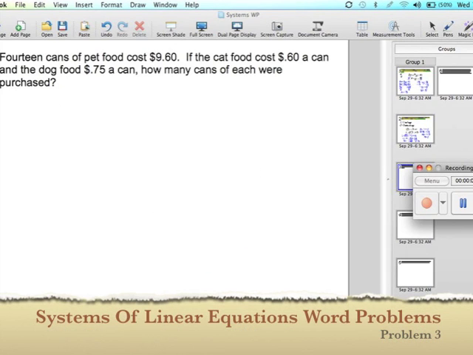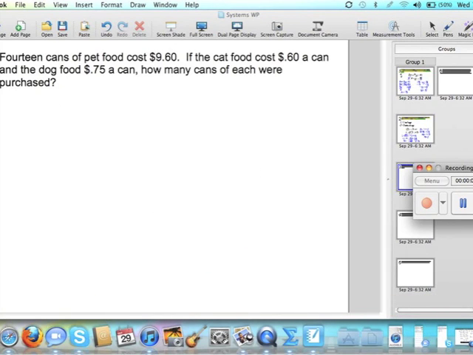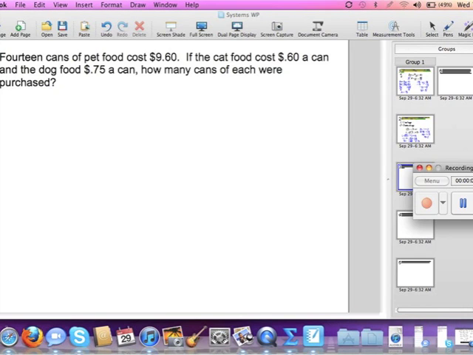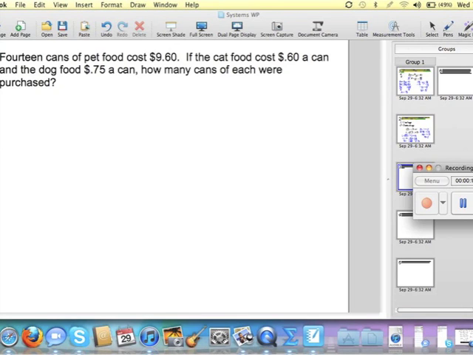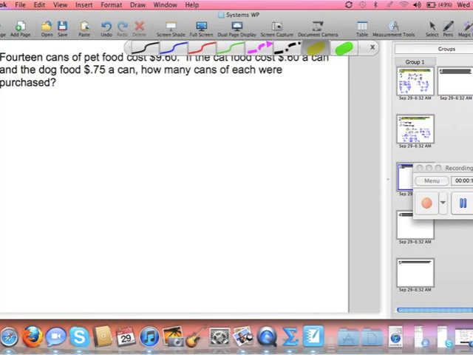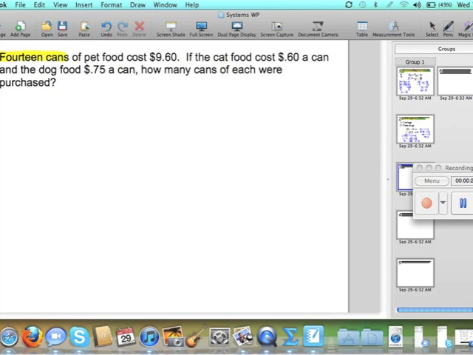Here we have our third word problem. 14 cans of pet food cost $9.60. If the cat food costs 60 cents a can, and the dog food costs 75 cents a can, how many cans of each were purchased? So here we look at the information we have. We know we have 14 cans of food altogether.